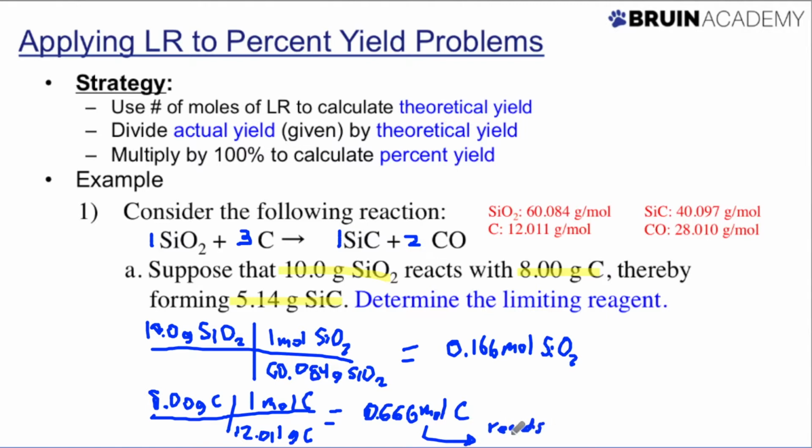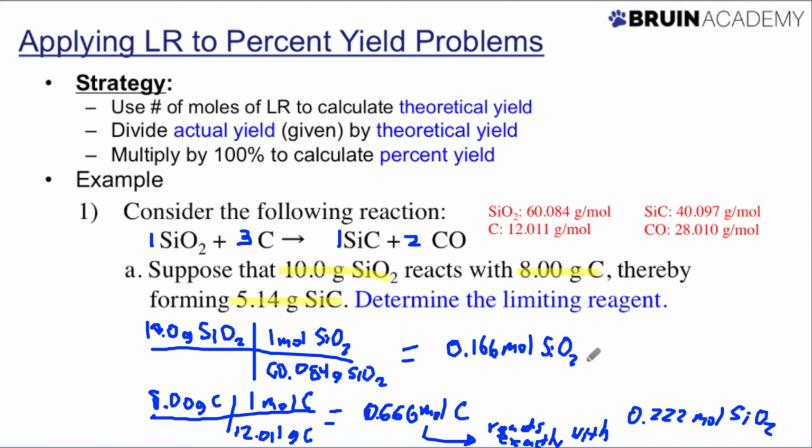So I can say this reacts exactly with 0.222 moles of SiO2. Okay, and how I figured that out was just molar ratios. So theoretically, this could react with 0.22 moles of SiO2, but I only have 0.166 moles, right?